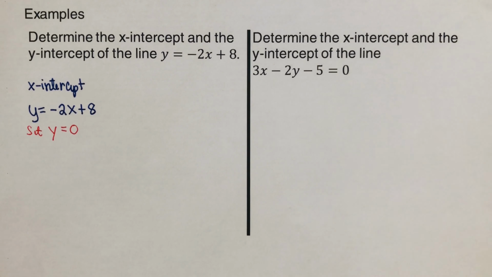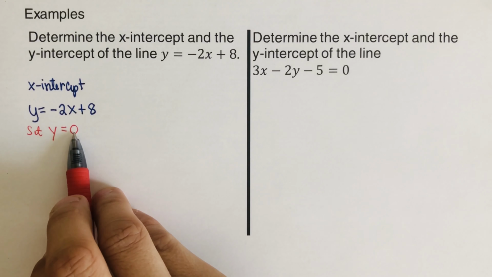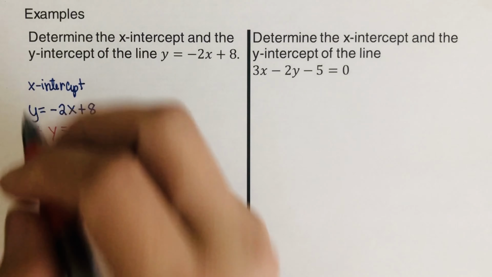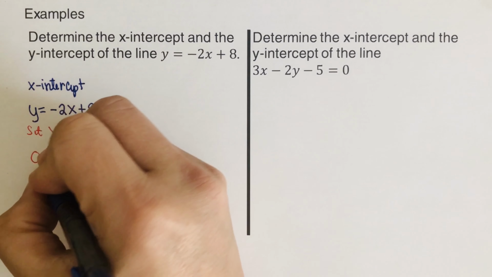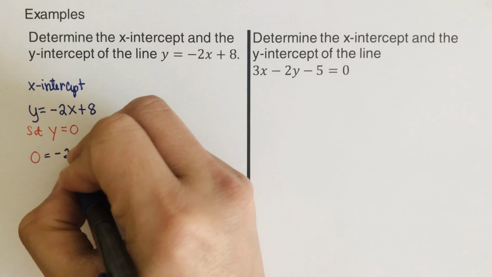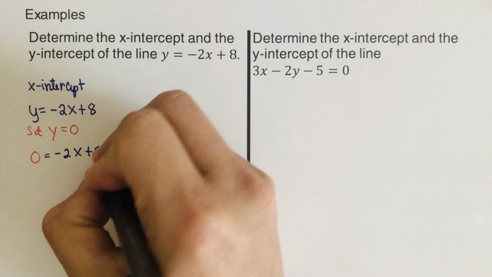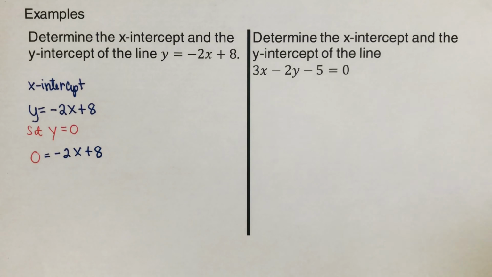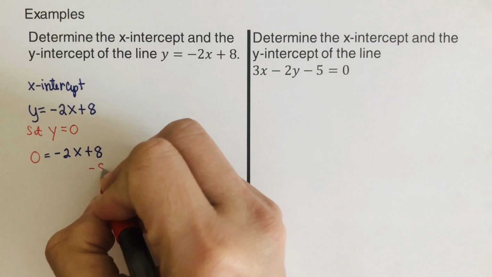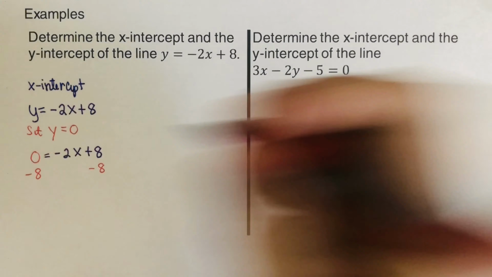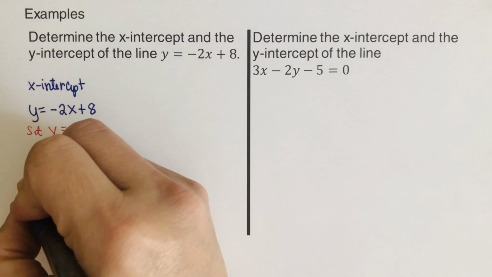So we can plug the 0 into the y. I can say 0 is equal to -2x plus 8. Then we're going to solve for x. In this problem, we are going to subtract 8 from both sides, so we can cross the 8 out.